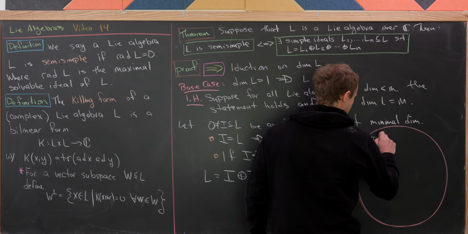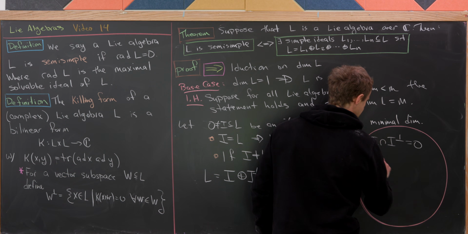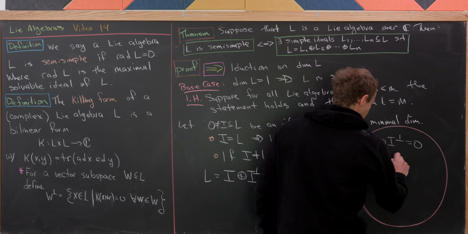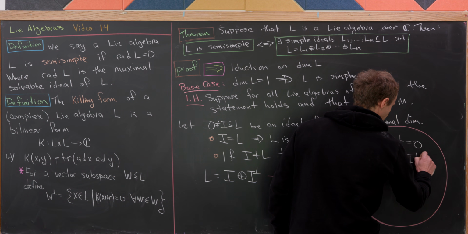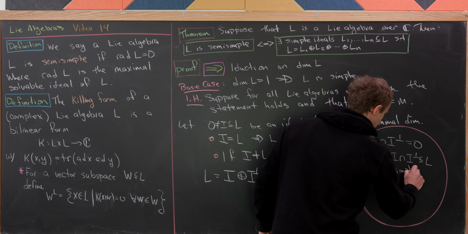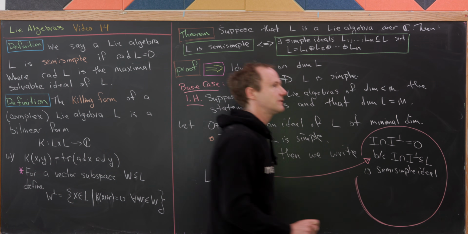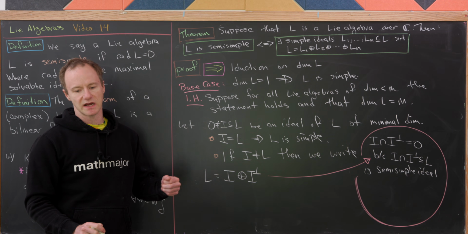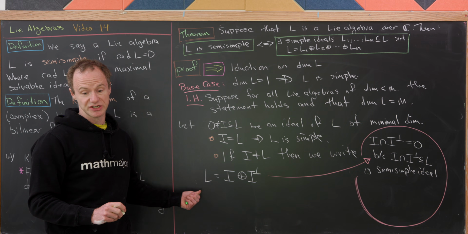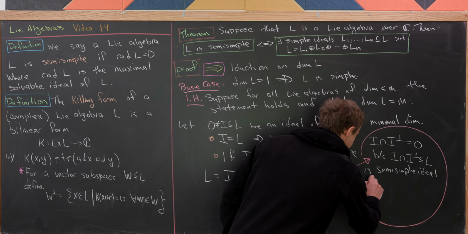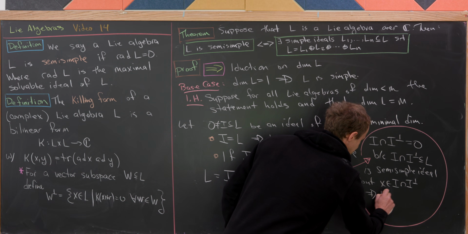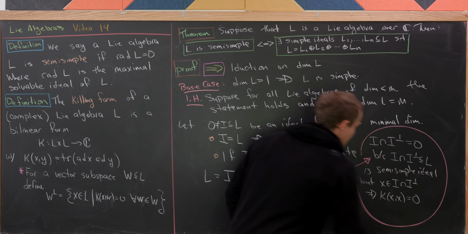So notice that I intersected with I perp is equal to 0, and that's because of the following. That's because I intersected with I perp is a semisimple ideal. That's really because any ideal of a semisimple Lie algebra is semisimple. Again, that's going to be something that we show just coming up. But if X is in I intersect I perp, then that means that kappa of X with X is equal to 0.